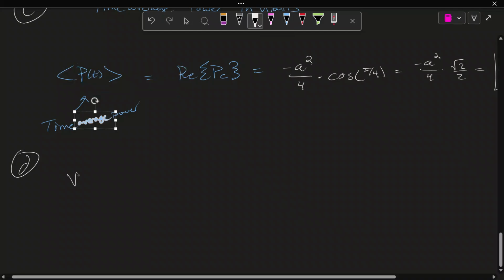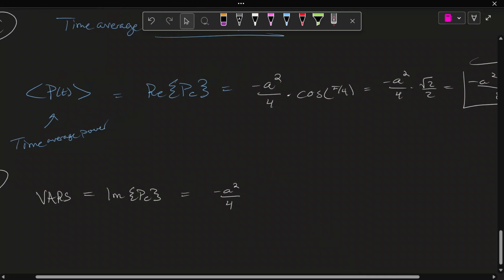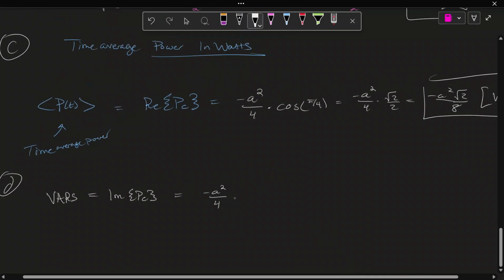So we want vars, say VRS, equal to the imaginary component of our complex power. This is equal to negative a squared over 4, because this is the magnitude, and then times sine. We don't have to put j because vars don't have that j part. Your imaginary is already taking care of the j. So then we do sine of pi over 4. Well, look at that. You have the exact same answer.